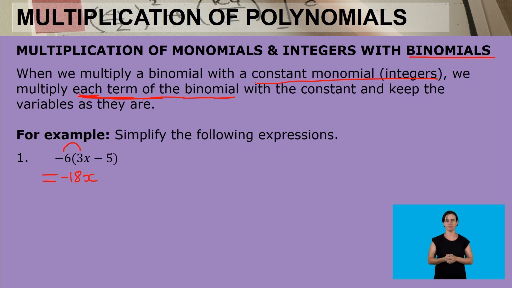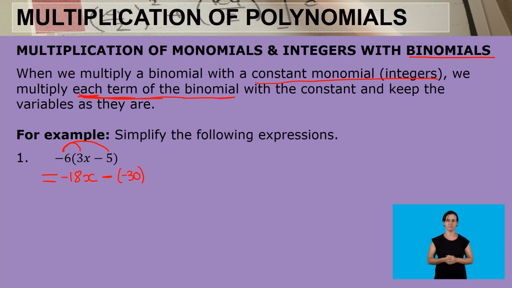Now remember, in the binomial, these terms are being subtracted. So we are going to subtract that there. Then we have a negative 6 multiplying with the 5. Now negative 6 multiplied by 5 is indeed a negative 30.